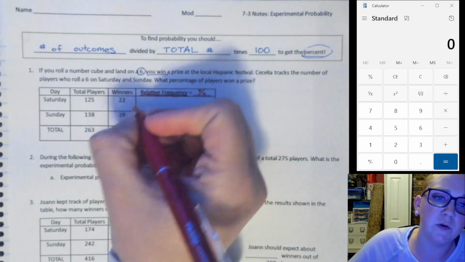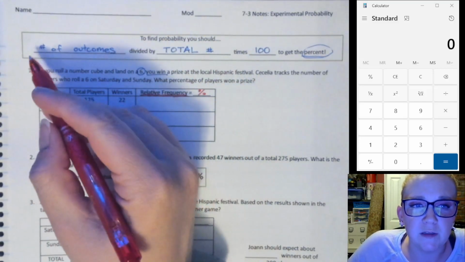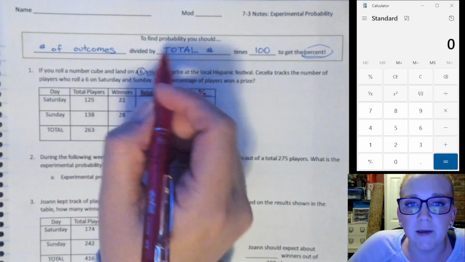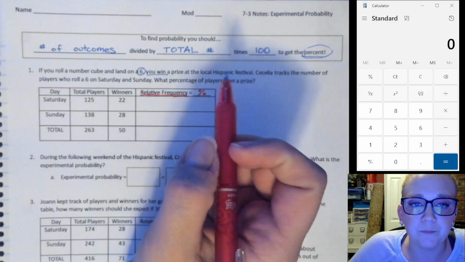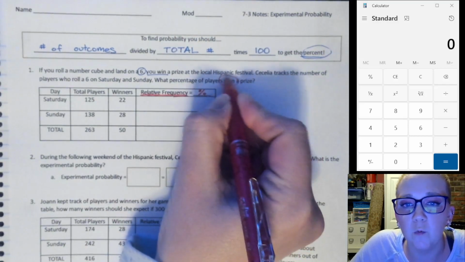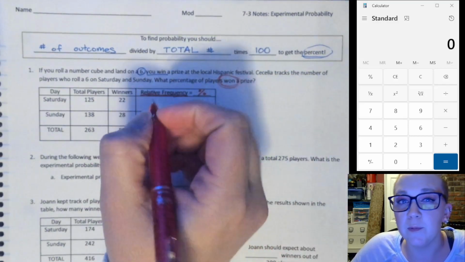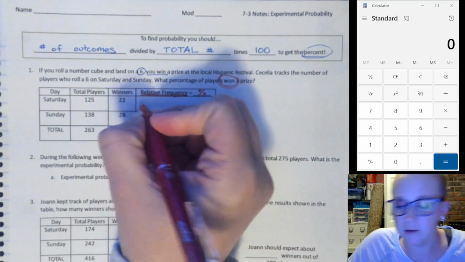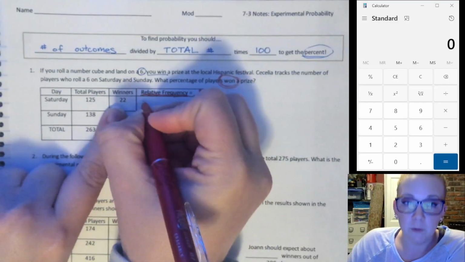Remember what I told you: you take the number of outcomes divided by the total number. In this case, we're trying to figure out how many people were winners. For Saturday, how many people won? 22.